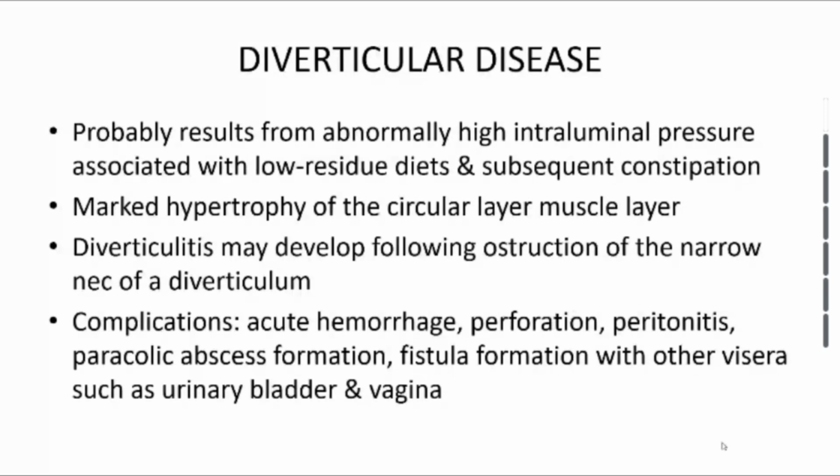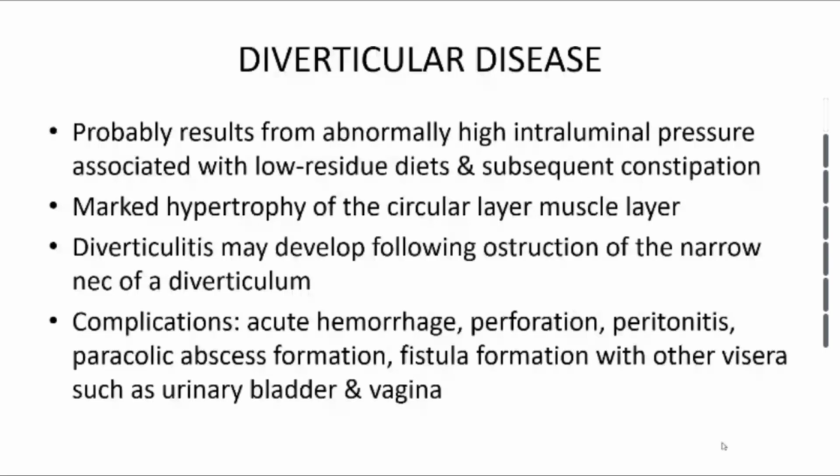You can develop inflammation, that is diverticulitis, which may develop following obstruction of the narrow neck of a diverticulum. If that neck of the diverticulum is blocked, then there is likelihood of inflammation within that diverticulum. That's what we call diverticulitis.